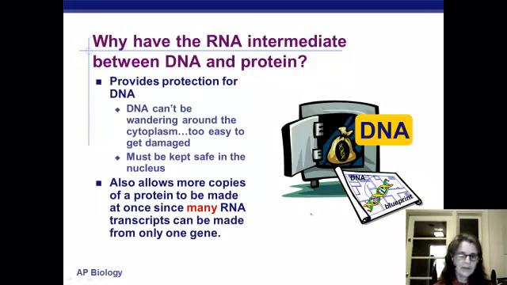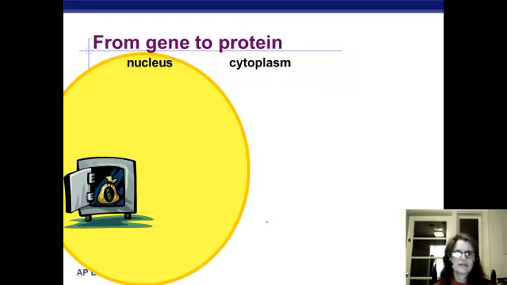Also, we can make many of these RNA copies and send those out into the cytoplasm, and that can allow us to make a lot of product that we may need. So that's another reason.